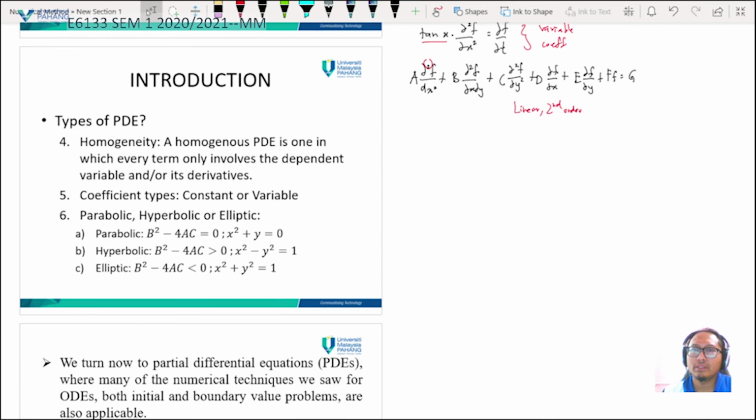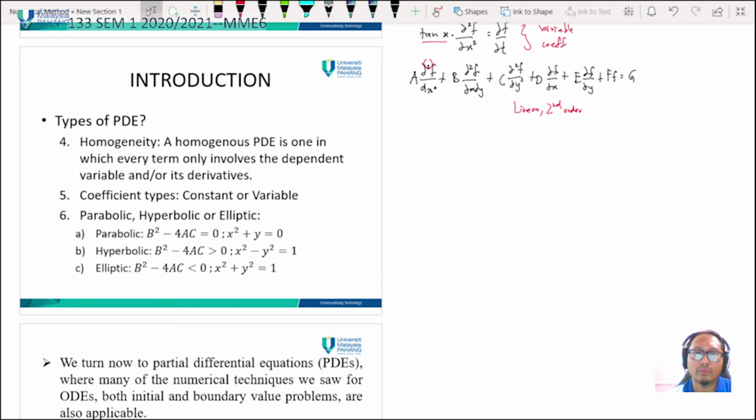By using this general equation, we can say that the PDE is parabolic when b² − 4ac is equal to 0, where we use variable substitution to obtain x² + y = 0, which is a parabolic shape of equation.